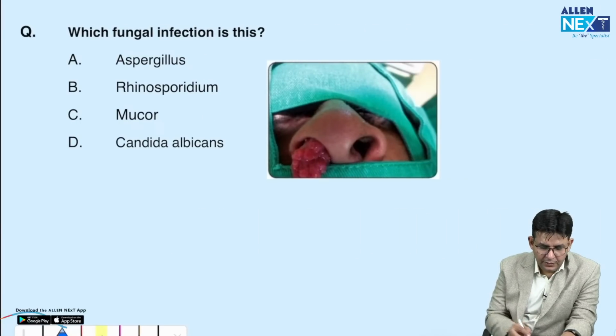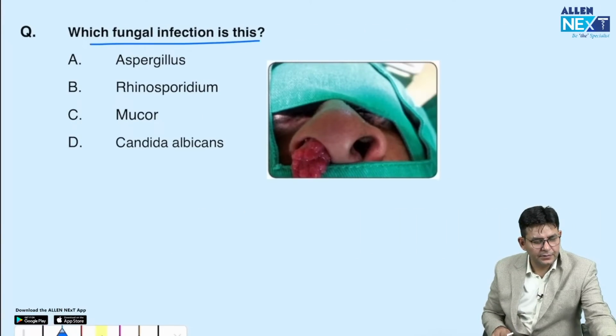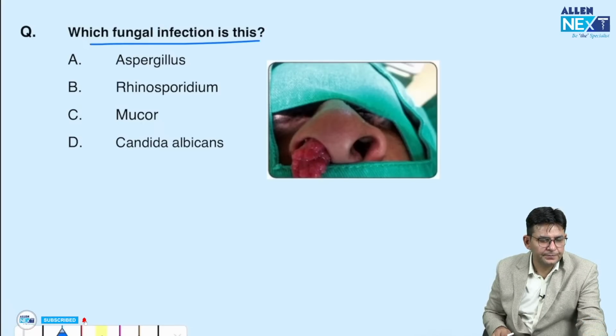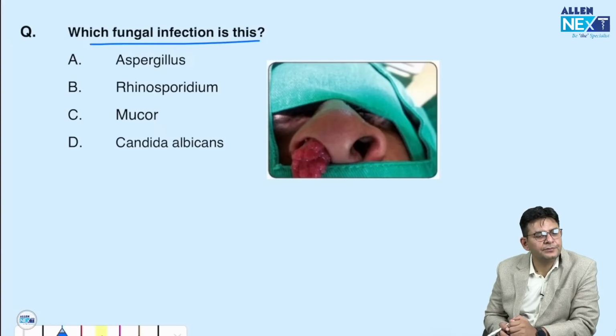Now, which fungal infection is this? This was also asked in the last exam.